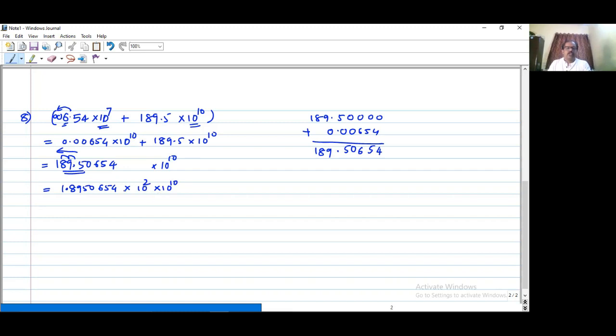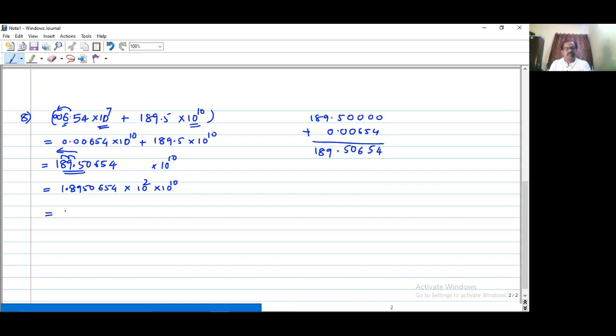As we know, we need to multiply by 10 to the positive power when we move our decimal place from right to left. Means we need to multiply by 10 to the power positive 2 because we are moving decimal from right to left side. Okay, so it is 10 to the power 2.